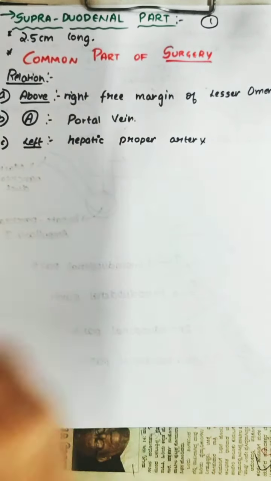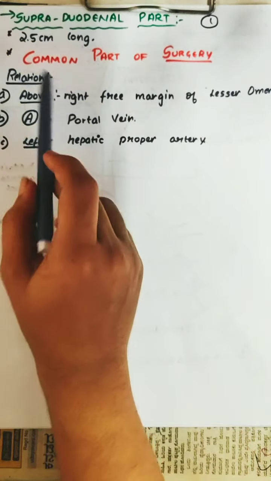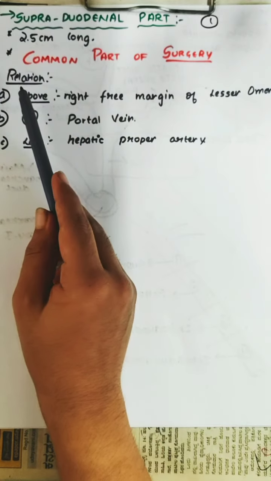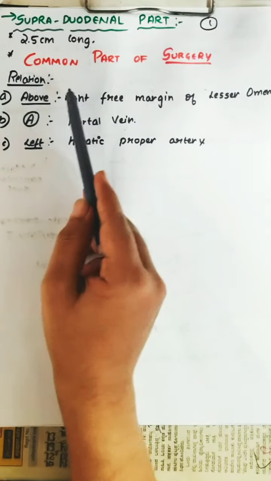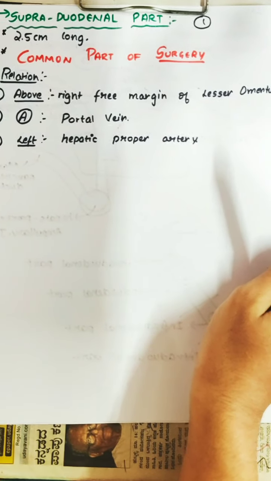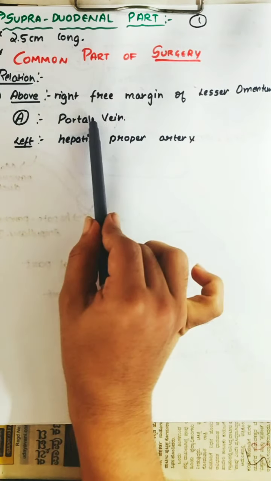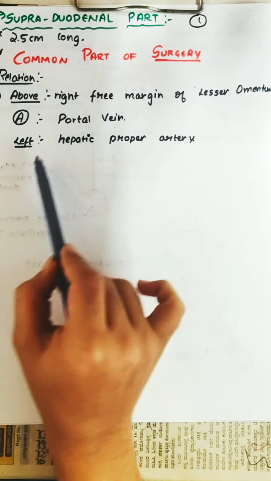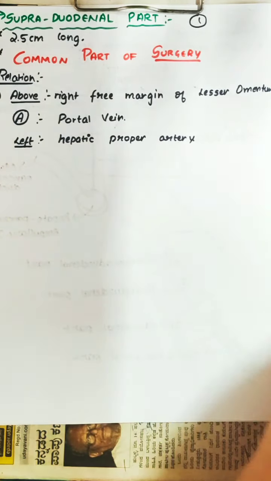Just remember these 3 points. The supraduodenal part is around 2.75 cm long. It is the common part of surgery. Relations: above is the right free margin of the lesser omentum, anteriorly it is related to the portal vein, and on the left side it is related to the proper hepatic artery.